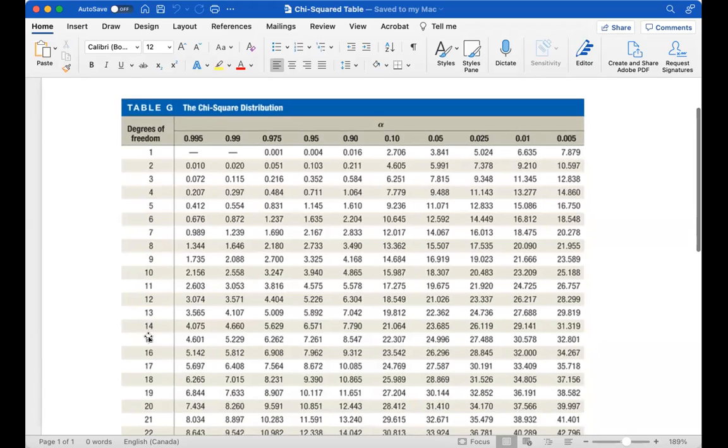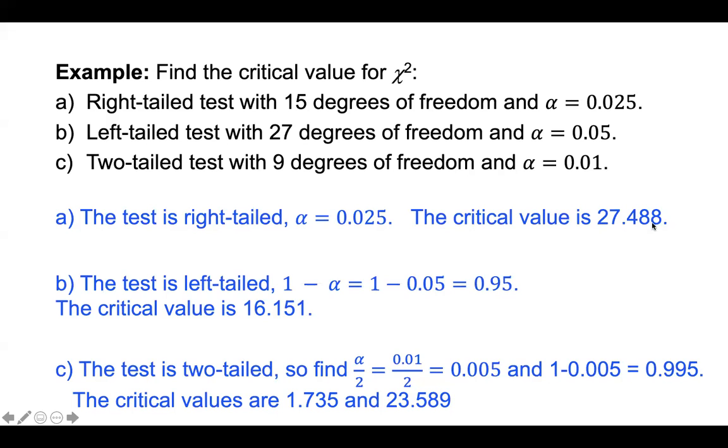It told us it was 15 and that alpha was 0.025. So we just look down this table, and here's the value of 27.488 right there. So we can write down the critical value of 27.488 for the right-tailed test.